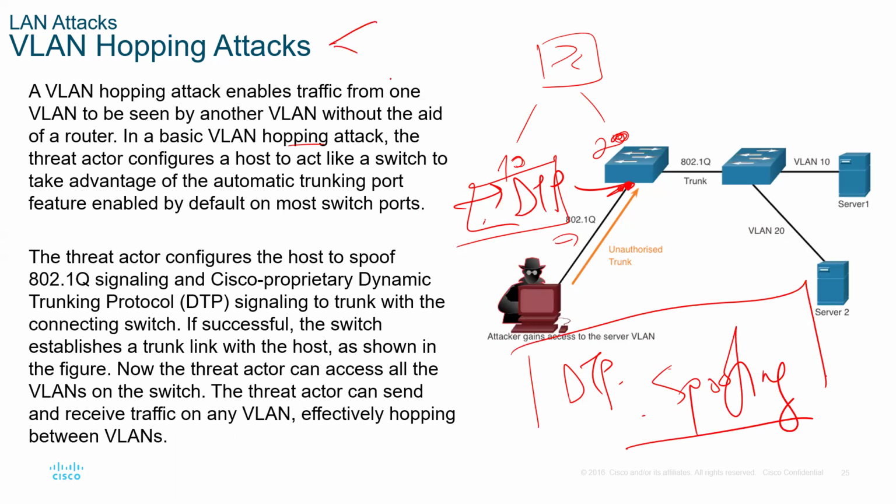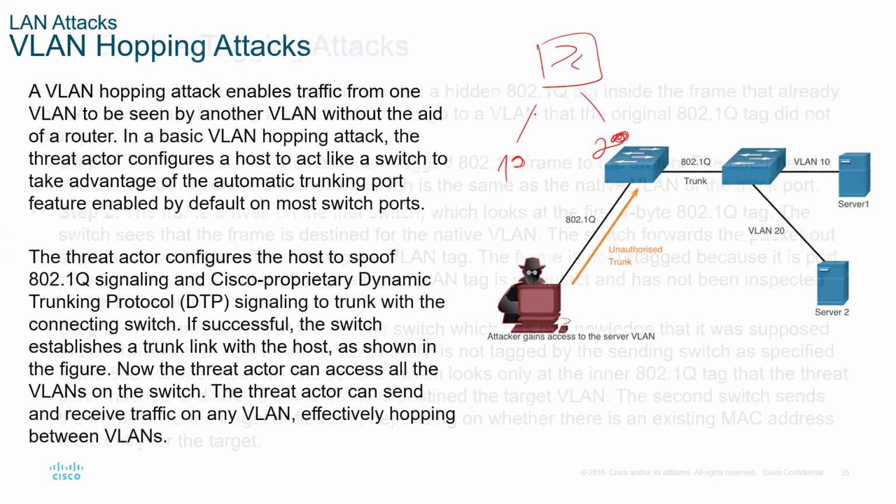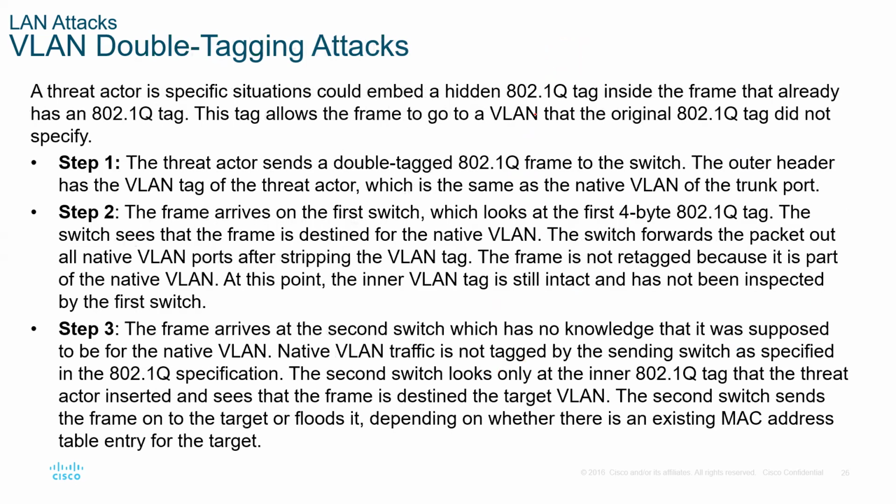So in addition to DTP spoofing, we also have double tagging. Those are the two forms of VLAN attacks that we have. With this one, it's a bit complex.